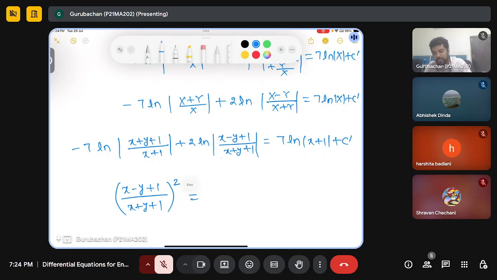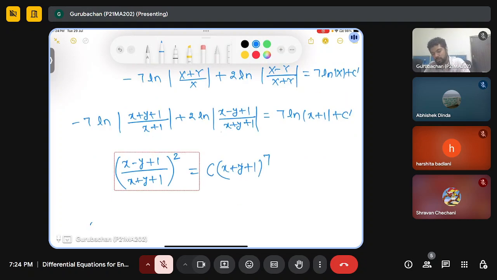Okay. So we may write it like this. If we move it there, 7, it will be ln (x plus y plus 1) to the power 7 into c. This kind of expression I think we will get, because ln x plus 1 plus ln this.